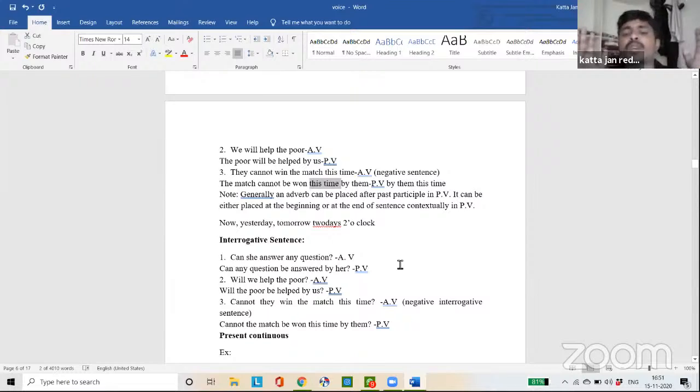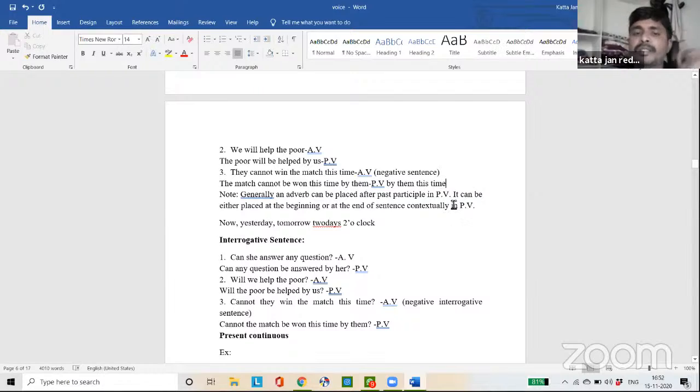See, there are 2 ways to answer for that. The match cannot be won this time by them. Okay. And the match cannot be won by them this time. Right? By them this time. It can also be right. There are 2 possible ways.